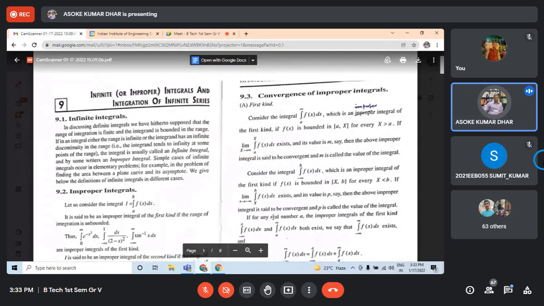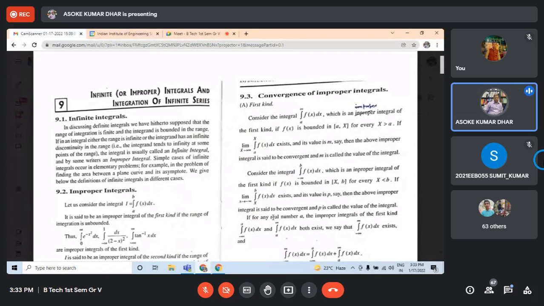Convergence means it takes a finite value. Consider an integration of the first kind, the integral from a to infinity of f(x) dx. Now, if f(x) is bounded in a to capital X, where capital X is greater than a, then first we find the integration from a to X of f(x) dx, and then take the limit as X tends to infinity.